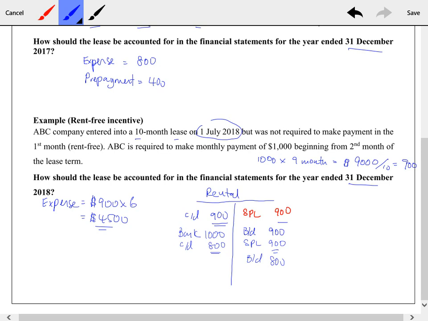So balance becomes 800. Third month, I'll pay another 1,000 and I'll charge to SPL 900. So brought down 700. So by the 10th month, everything becomes 0. So every month I'll charge 900 for 6 months. Is it okay? Okay.